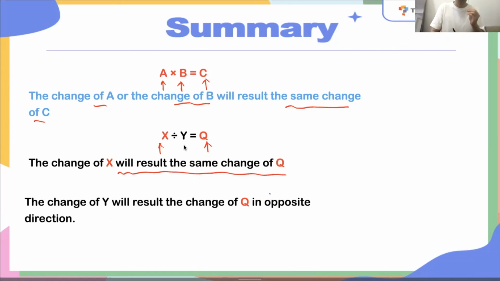So only this one change will have an opposite direction. So that is very important. Only the change on the divisor will result in a change of the quotient in the opposite direction.